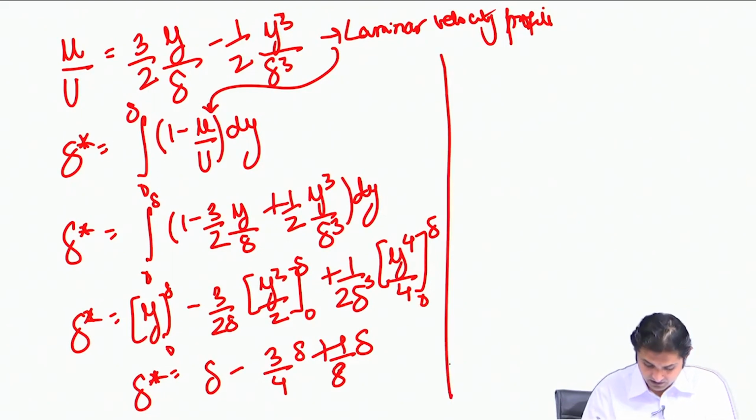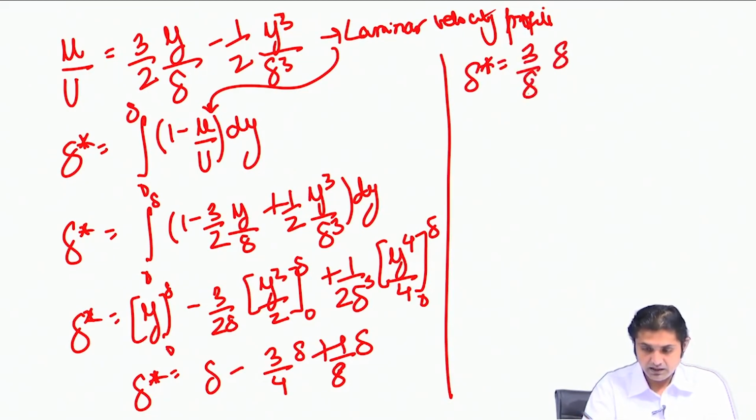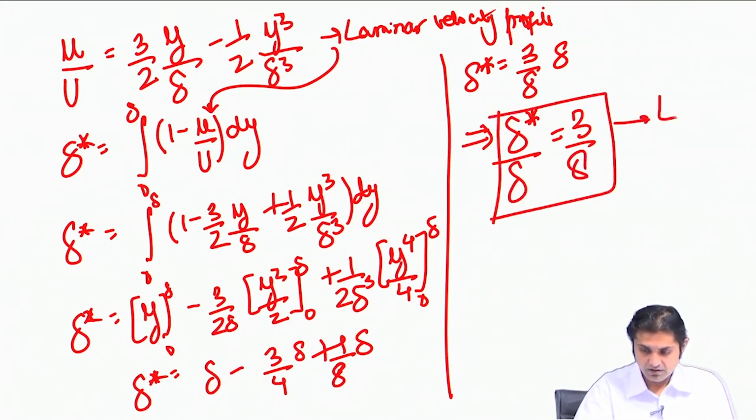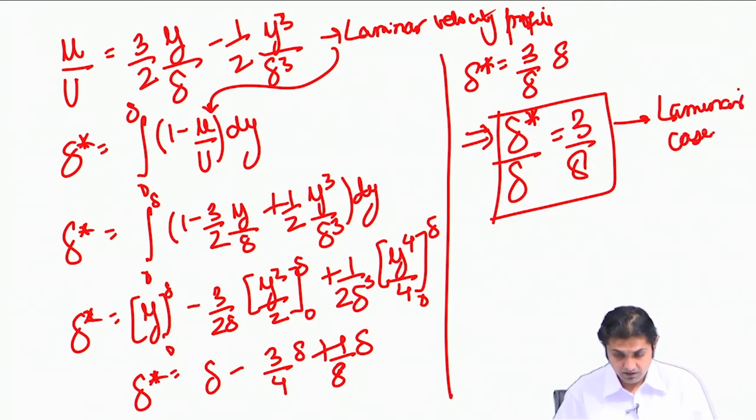This will give us delta dash is equal to 3 by 8 delta, and this implies that delta dash by delta for the laminar case is 3 by 8. Very simple, we have been doing this.